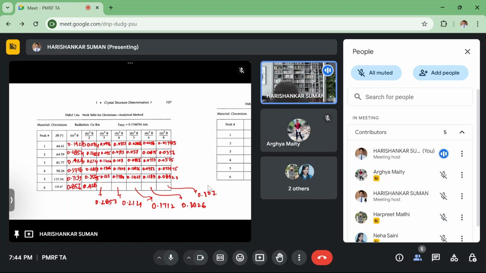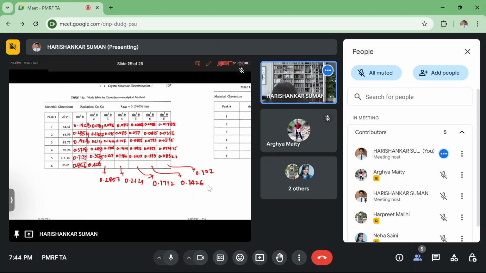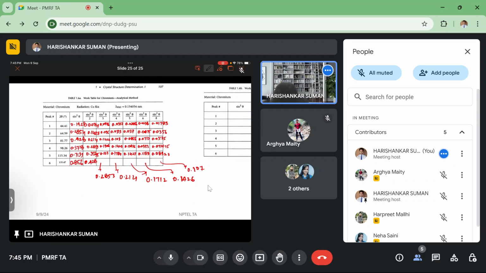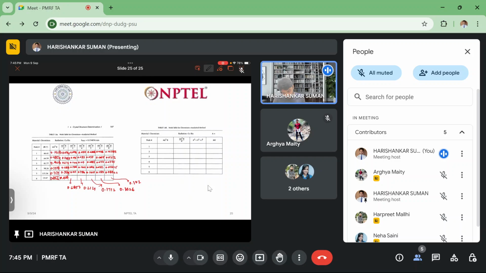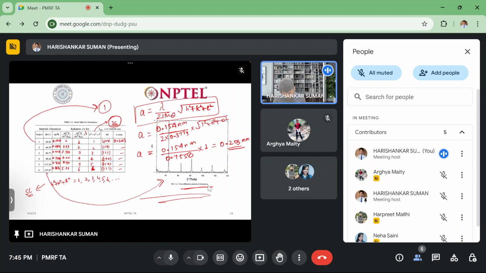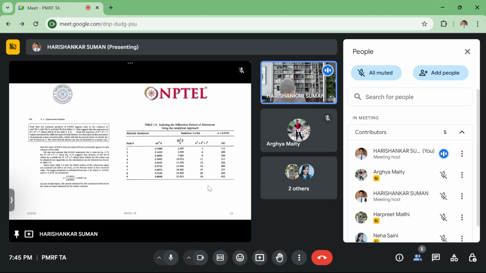Now please find the least value. Common least value. Similarly, we have already found. Let me show you here.